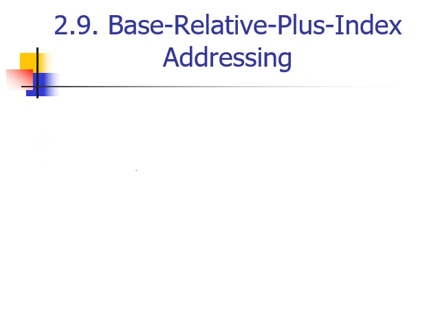Here is a numerical example of this addressing mode. We're trying to get from the stack memory segment two memory locations, two elements in an array.